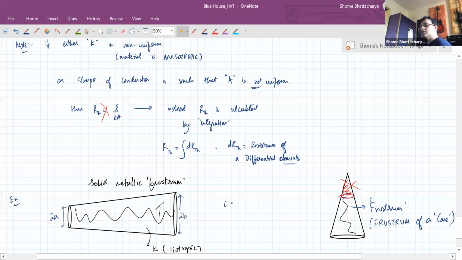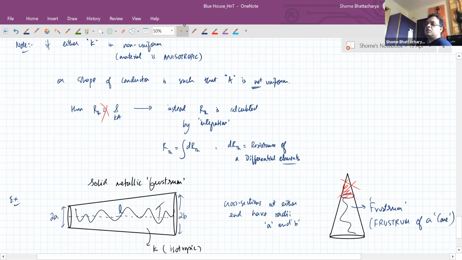So the cross sections at either end have radii of a and b. And also the axial length, that is the length along the symmetry axis, is L.